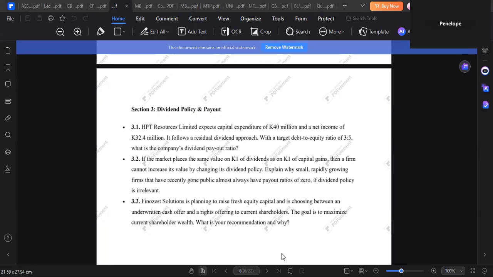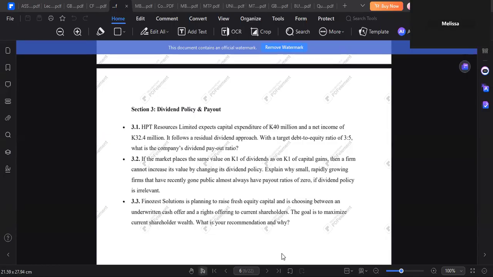Why? I would say the cost is lower. The risk of not raising funds. Yes, cost is one key. Then, can I add to that?